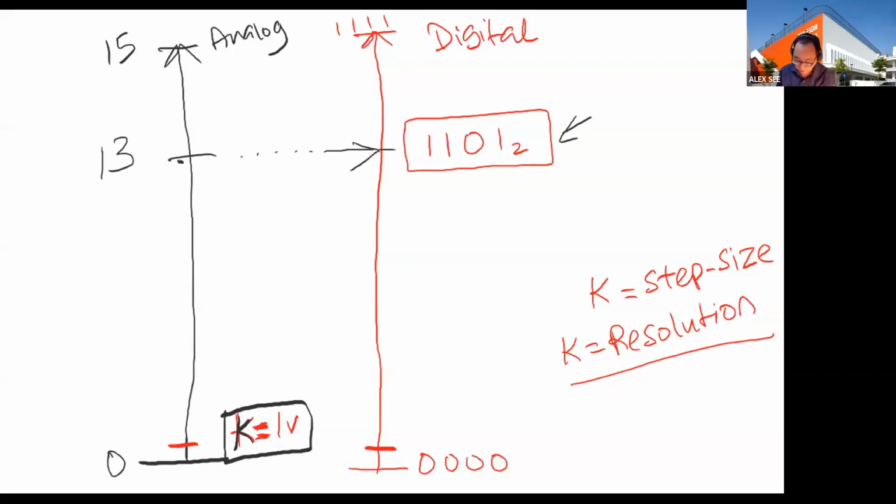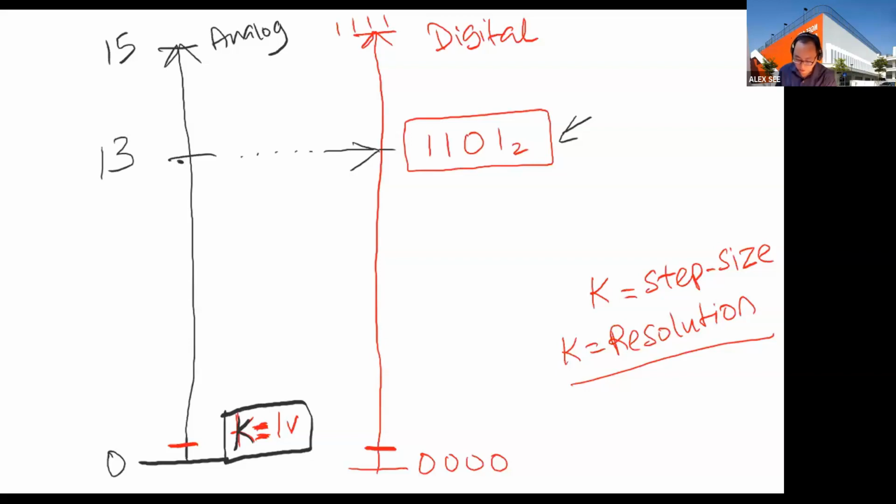For this case, I take 13 divided by 1 volt, and then I convert that number into digital form. So therefore I get 1101. Do you understand what I mean? I'm just trying to get you thinking about how to convert from one to the other, and vice versa.